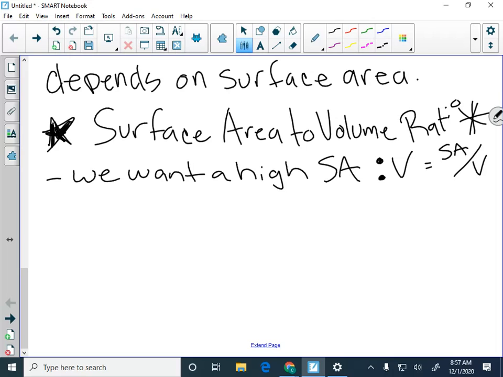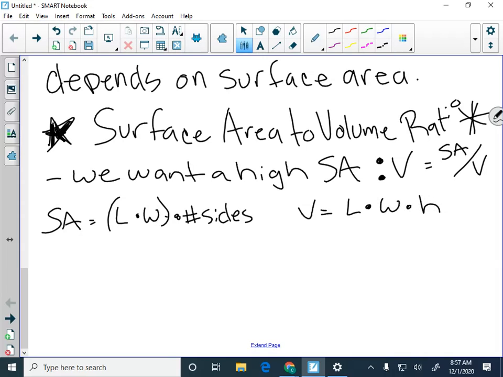So, in a cube, surface area is length times width times the number of sides. Our volume is length times width times height. Simple cube stuff. Nothing too crazy.